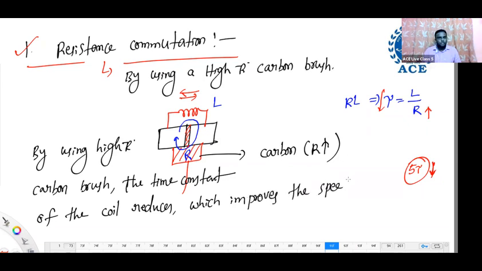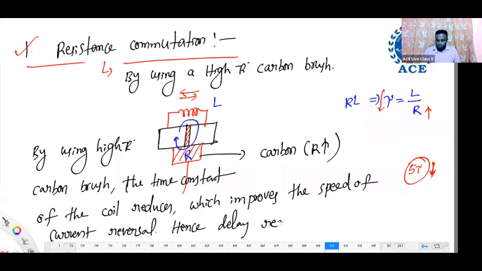Time reduces means speed increases. It is the speed of current reversal. Hence, delay reduces. That's why we call it resistance commutation. But it cannot eliminate the problem totally.